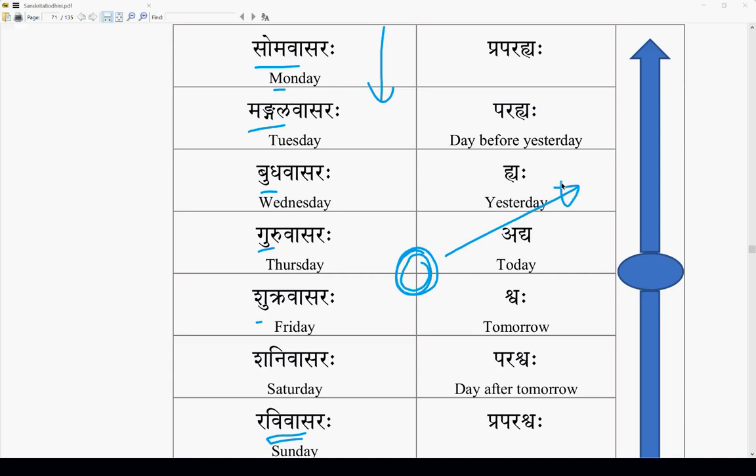Which comes first after the Sun? Mercury, and after that Venus, Earth, Mars, Jupiter, Saturn, Uranus. Uranus and Neptune are too far, so forget it.